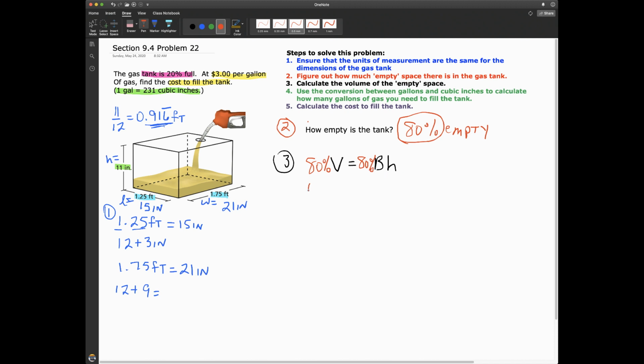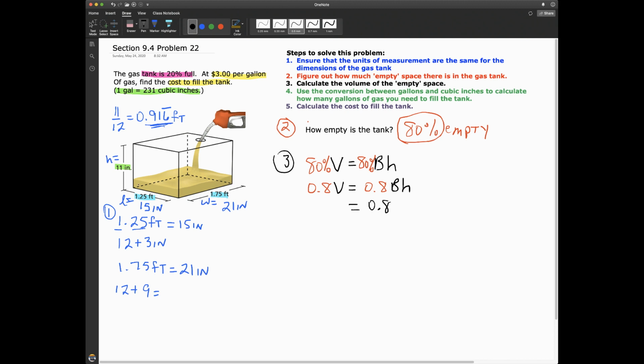I need to change it into a decimal, so I move the decimal 2 places to the left. So now I have 0.8 times the volume equals 0.8 times the area of the base times the height.